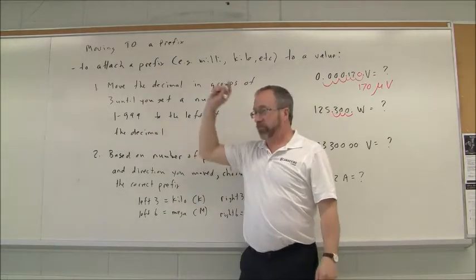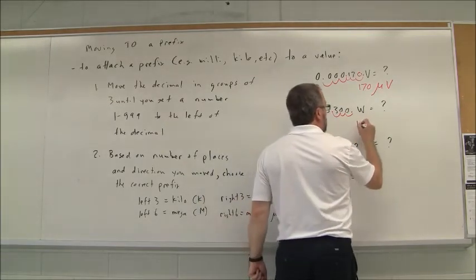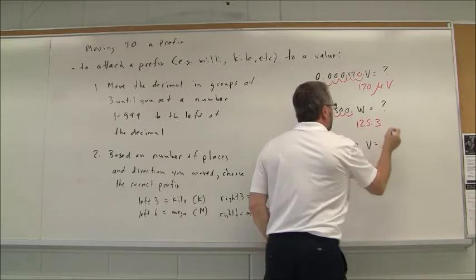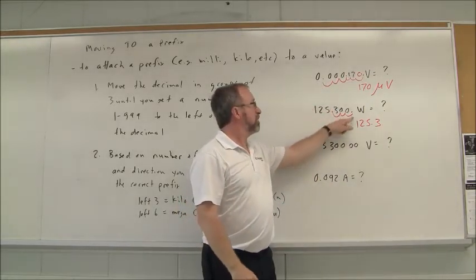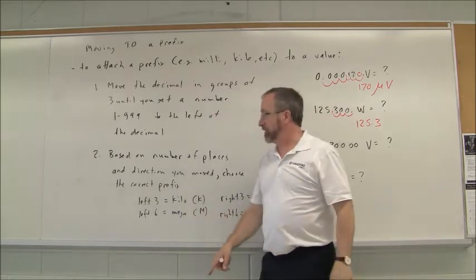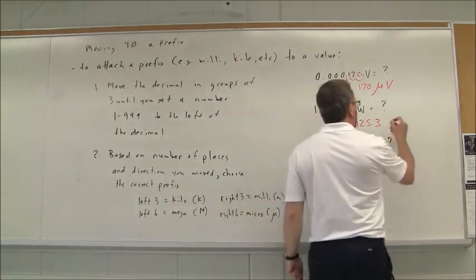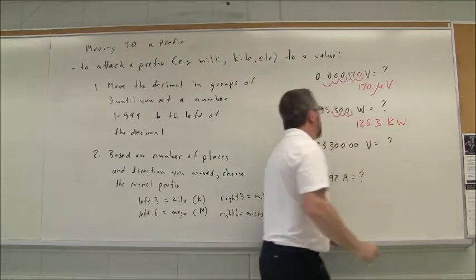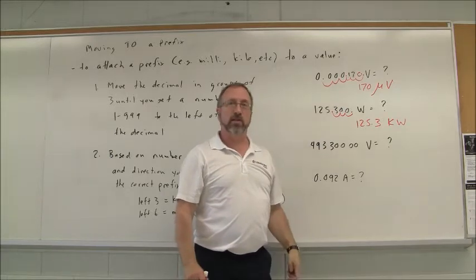Well, that's exactly what I'm after, between 1 and 999. So the number is 125.3. What units? I moved it left 3 places. Left 3 places, kilo. So 125,300 watts is 125.3 kilowatts.